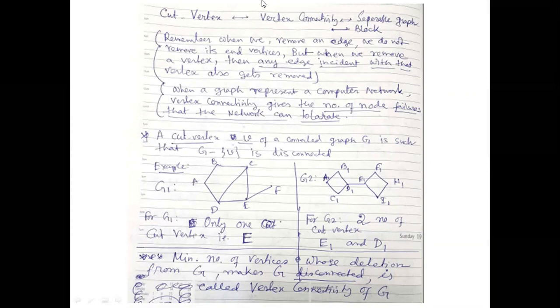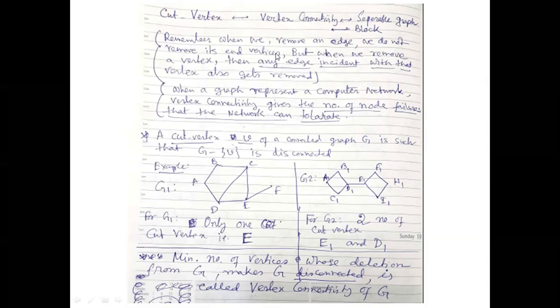Before going to the cut vertex concept, first of all, we have to remember something. When we try to remove an edge, we do not remove its end vertices, right?